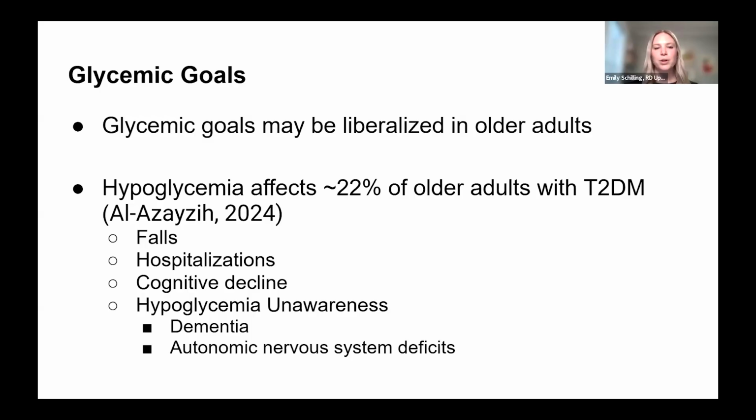So this means that the person can't feel those classic symptoms of a low blood sugar, and so they don't know when it's happening. And this is particularly of concern in people who have dementia or some other type of autonomic nervous system deficit.